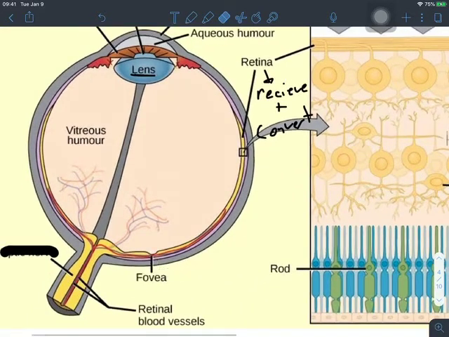And then the fovea. The fovea is a region in the back of the eye that's responsible for acute vision, or very focused vision. It has a high density of cones, meaning that it is highly perceptive to differences in color.